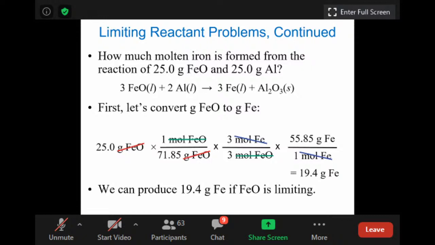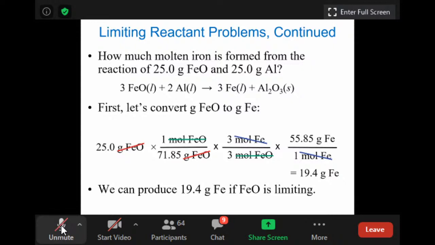So which one will stop the show of making Fe? Who do you think will stop the whole program? Supply and demand. Tell me, between the FeO and alumina, which one is limiting the making of Fe? FeO.